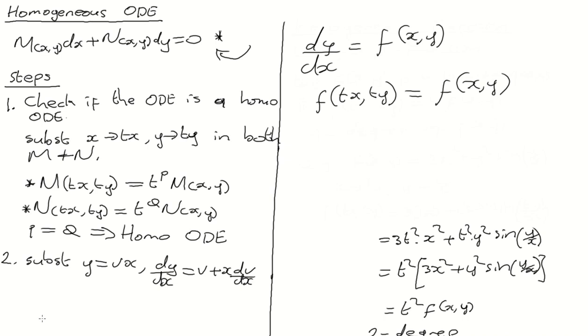After I've done this substitution, we've simplified your equation. Then what you do next, you solve for v of x. Right? Solve for v of x.